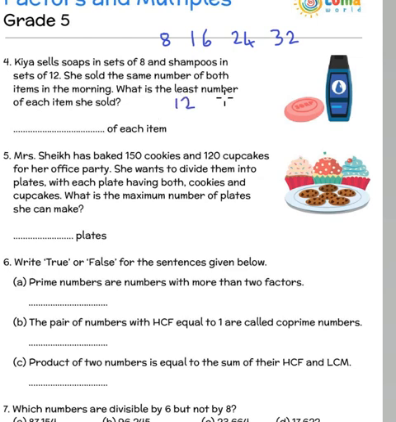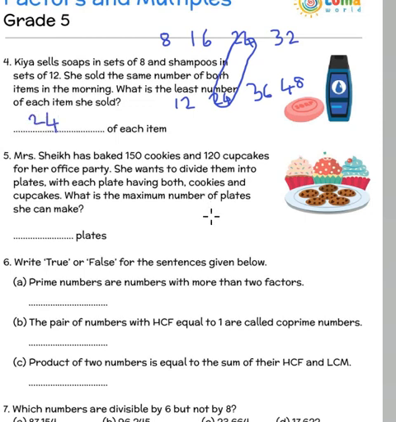And she has the next one which is 24, the next one which is 36, the next one which is 48. So we are looking at the least number and we see that yes, 24 is the least number of each item that she would have sold.